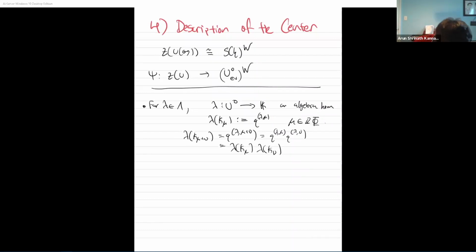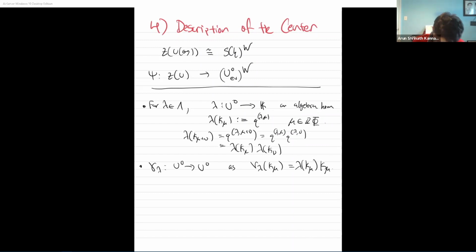Then I had a function called gamma in the classical case. We define the quantum analog of that. Gamma of lambda is going to be an algebra homomorphism from U0 to U0, and again it's defined on the basis vectors: gamma lambda of k mu is equal to lambda of k mu times k mu.